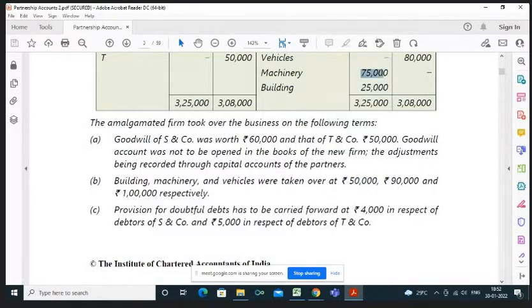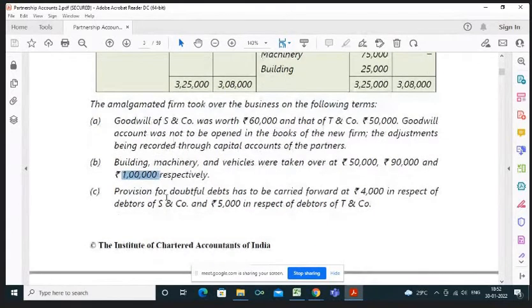Who is putting these values? These values are put down by the new firm, but they say even though this is the value, we don't want to show it in the books. So such an adjustment is critical in this particular problem because they don't want to show it in the books of the new firm. So that adjustment we'll see how to do.